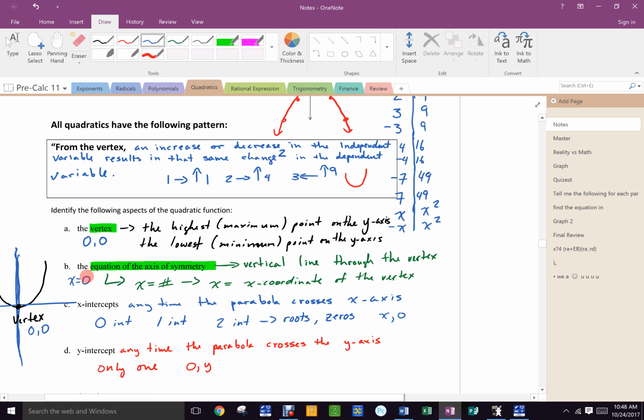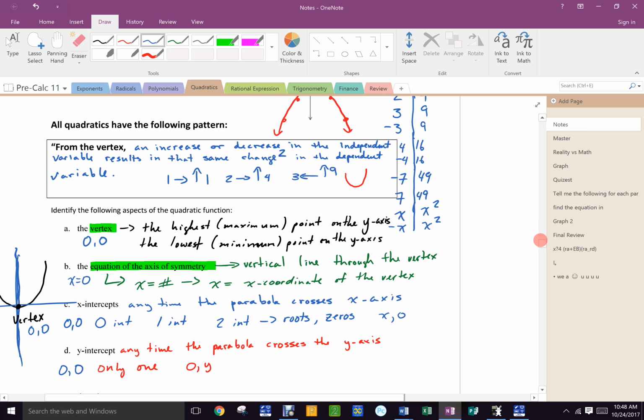X equals 0. What is the x-intercept? How many of them are there? 1. At what point? The x-intercept is 0, 0. What is the y-intercept? 0, 0. Can everybody find all 4 of those points on a regular parabola?